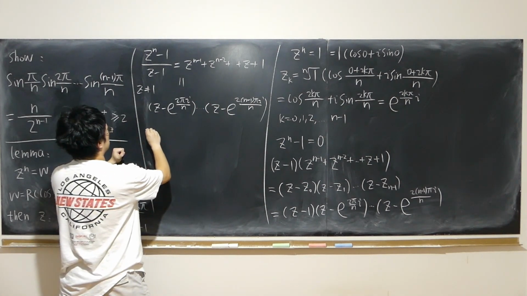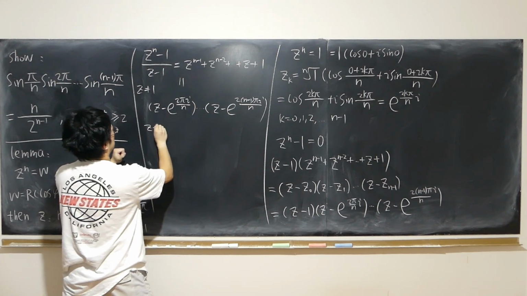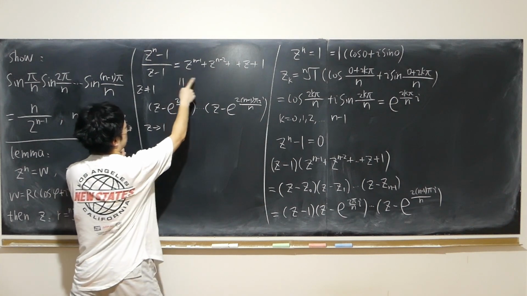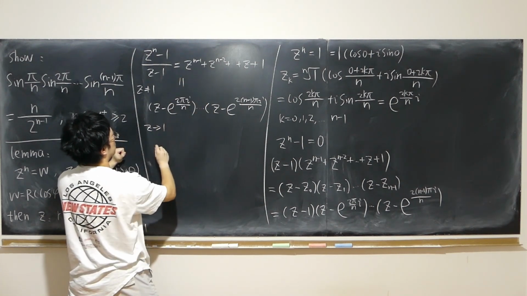So then here's my conclusion. As z approaches 1, their limits are equal to each other, and each limit is the functional value at 1.